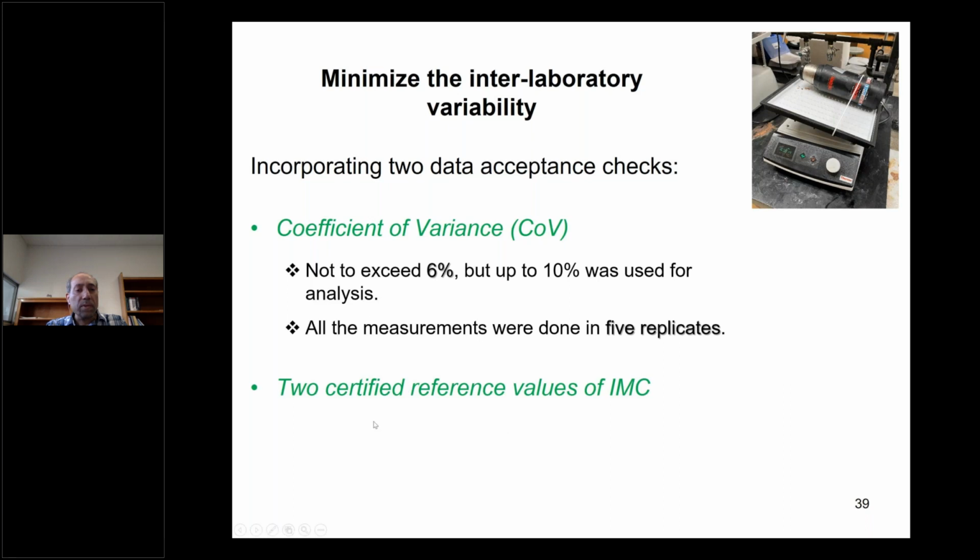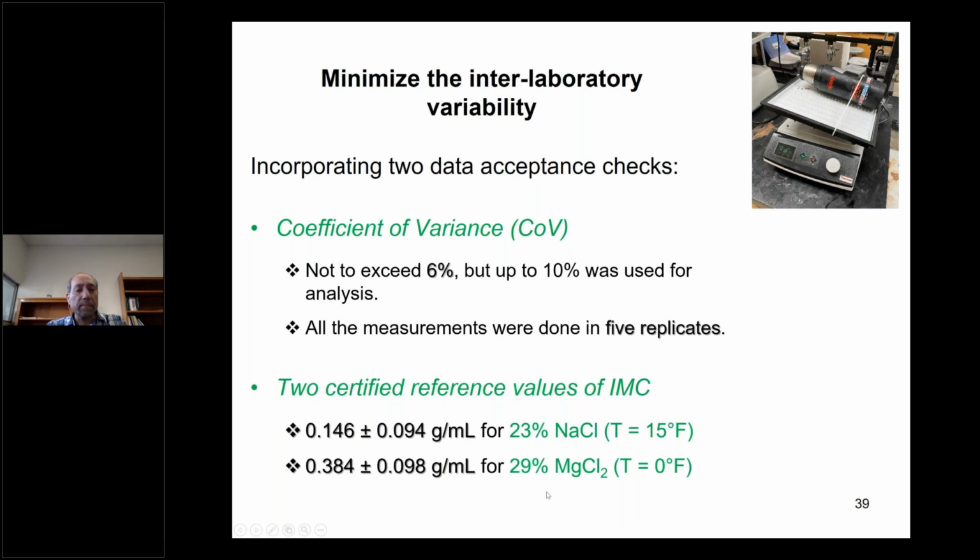And also, we used two certified reference values of ice melting capacity. First was for 23% sodium chloride solution at a testing temperature of 15 Fahrenheit. The value was 0.146 ± 0.094 gram per milliliter.